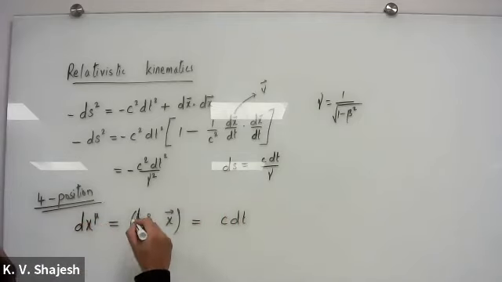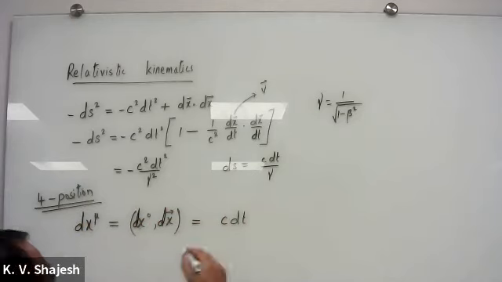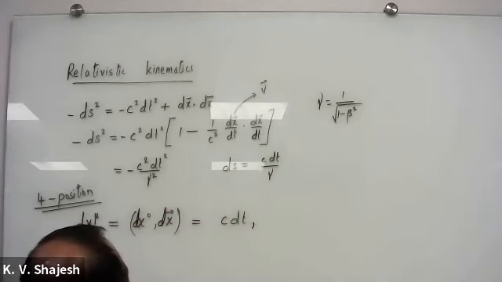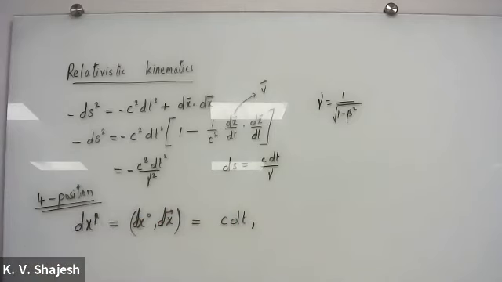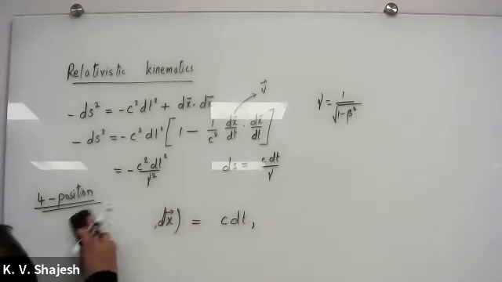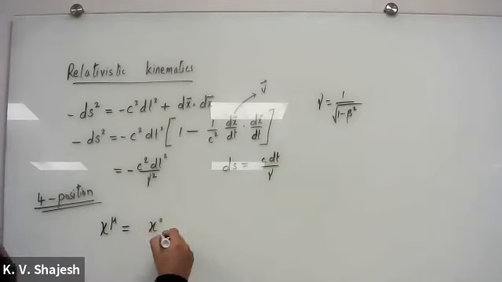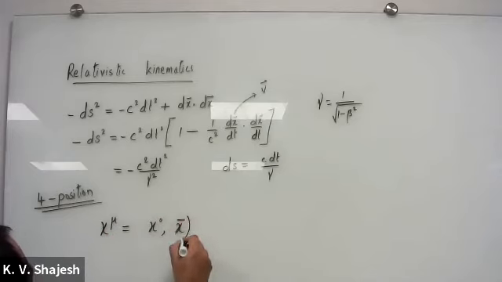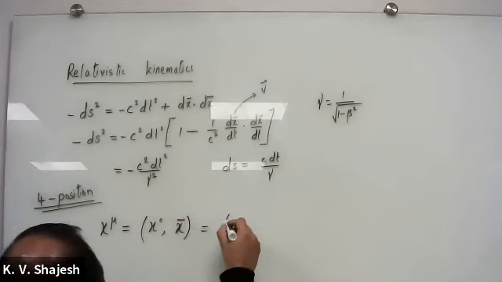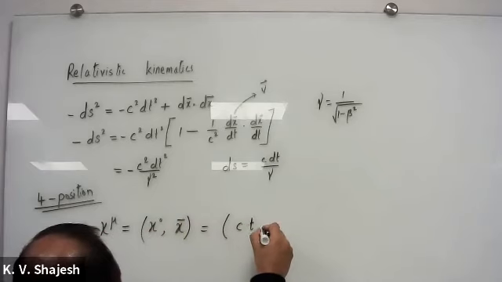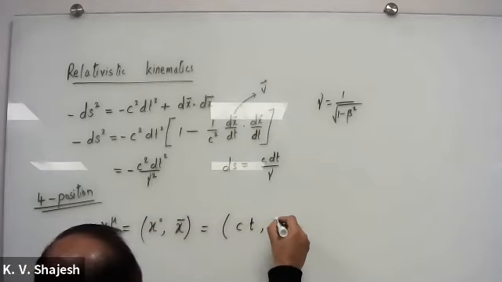dx mu, dx naught, dx. That's c dt, and I don't think this is how we did it. I think it is better to say x mu is equal to x0 times vector x. And that's the same as c times t and vector x.